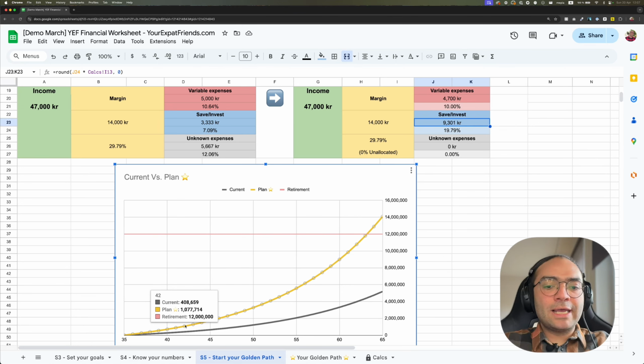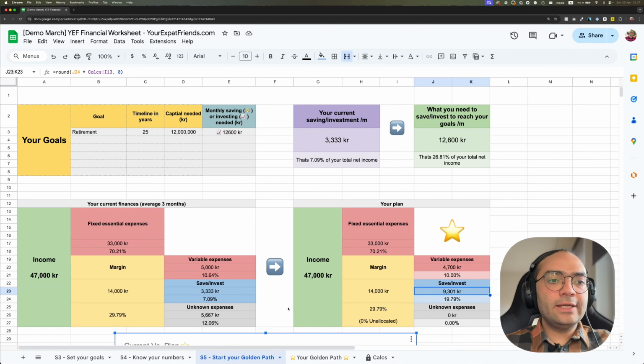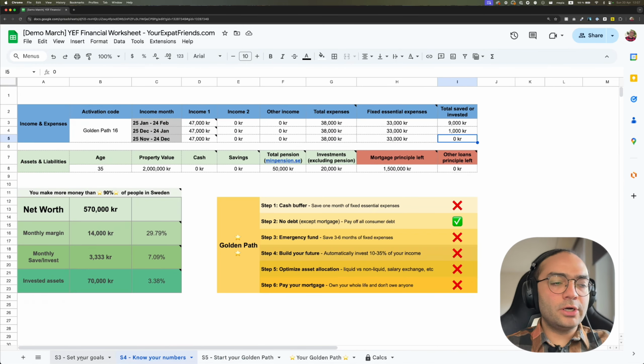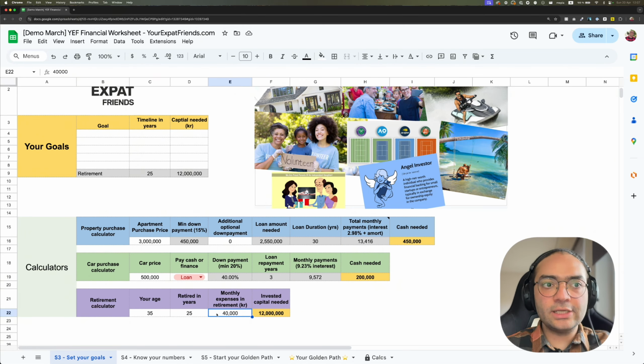Now it's a balancing act for you. You can say, okay, this is more important for me, or this one is more important for me. So now you have a framework to reason around your decisions. So please do play around with these sheets. Start moving all of your goals, set different goals with different time frames, set different retirement ages, different amounts of money after retirement.